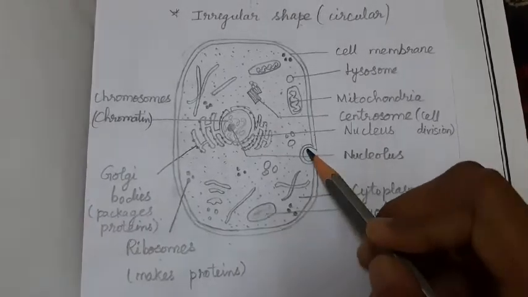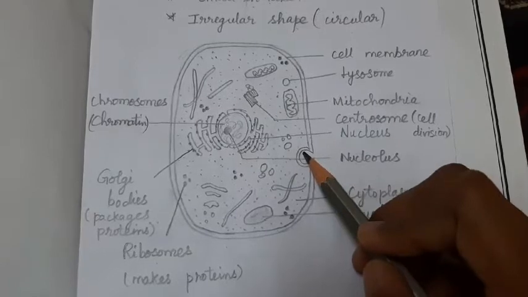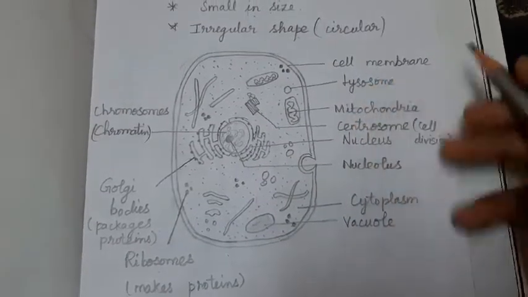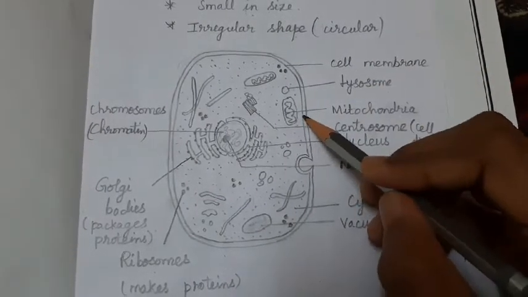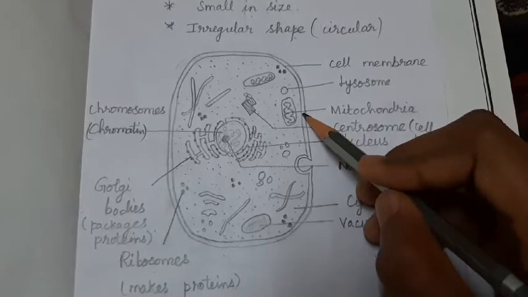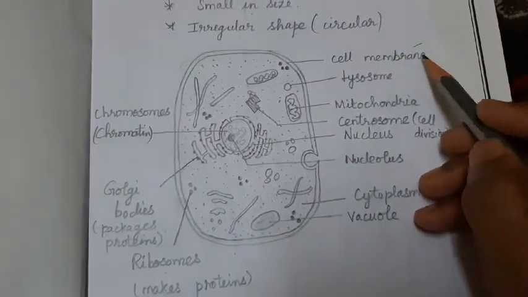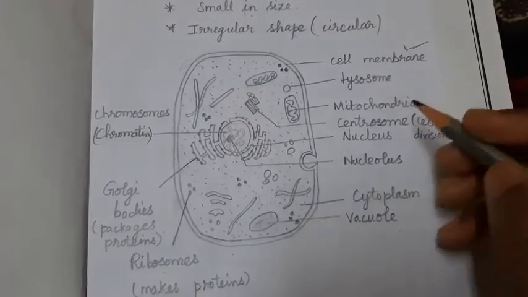The first difference between the plant cell and animal cell is the animal cell does not have the cell wall. Okay, so there is no cell wall for the animal cell. Only cell membrane is present and it gives the protection and support and structure to the cell.